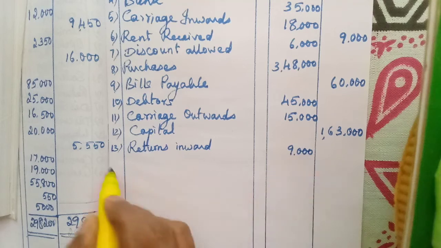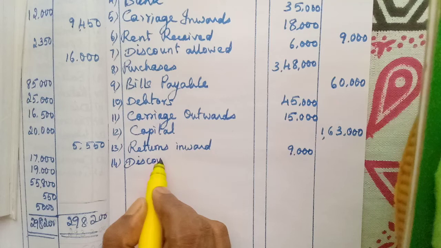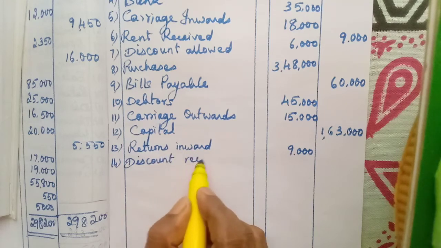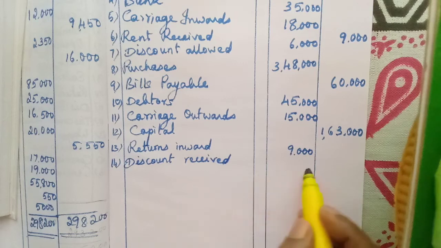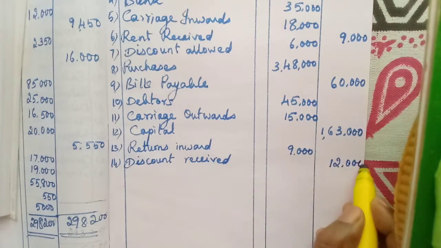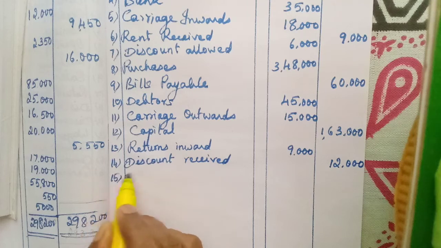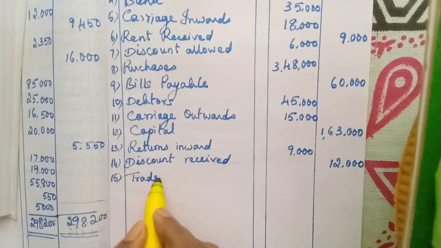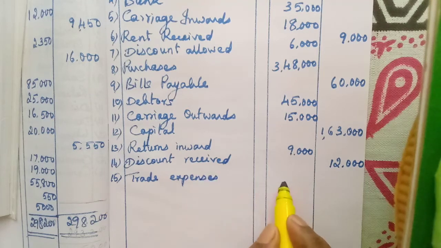Discount received 12,000. It is an income. So credit. Trade expenses. Trade expenses debit 18,000.